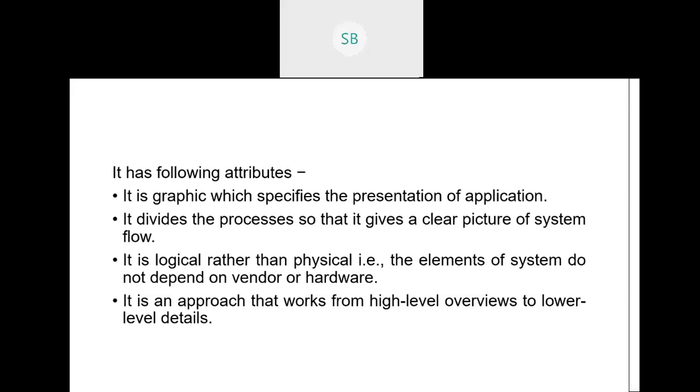We do not physically implement these things, just to get an understanding. That is why it is called logical, and it is an approach that works from high level overviews to low level details. So all the things from high level features to low level features are mentioned in the diagram.